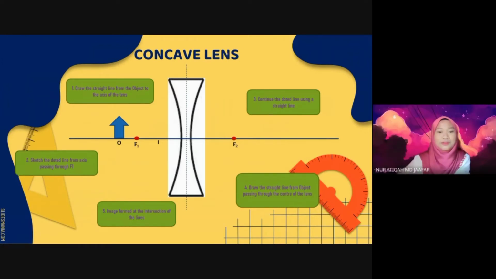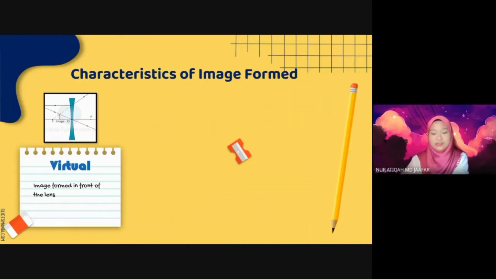Now we move to another ray diagram, for a concave lens. This should be more tricky, but you just have to remember. The first step is to draw a straight line from the object, same as just now, to the axis of the lens, like this.